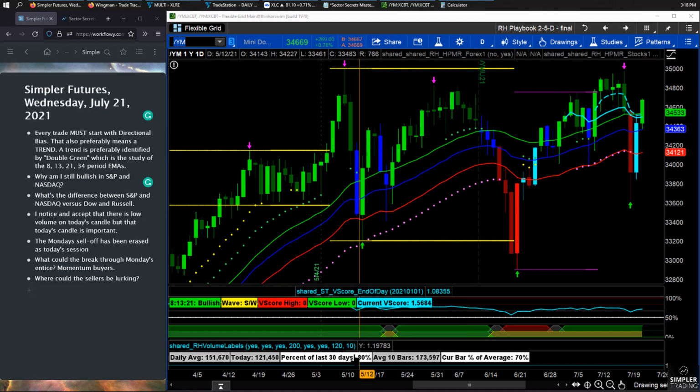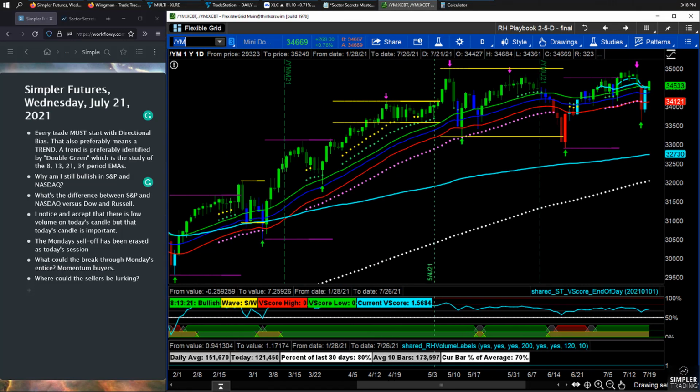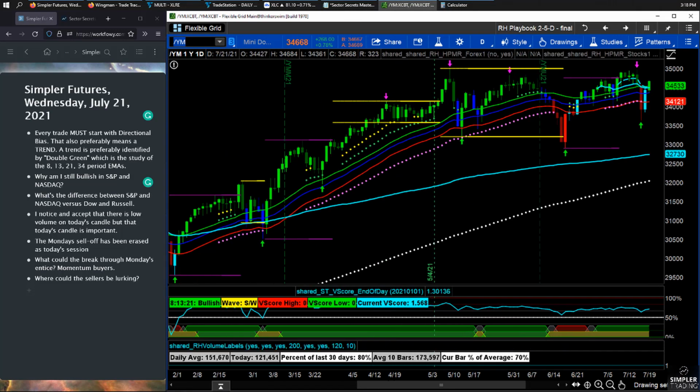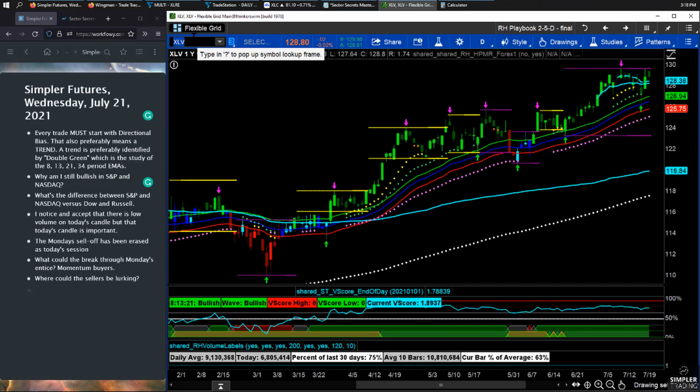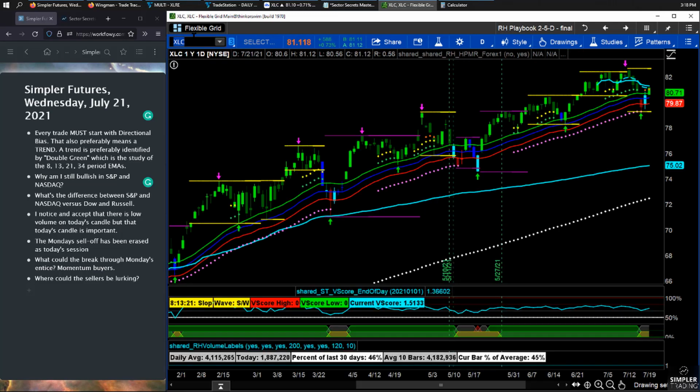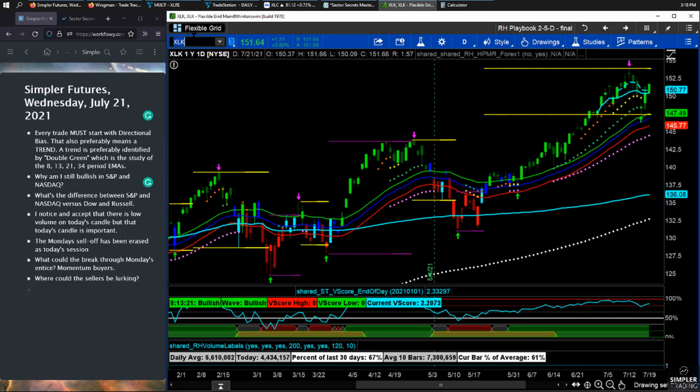Now, I'm not super thrilled about trading chop, not when I have trending indices and frankly trending sectors. I mean, let's think about the best corners of the S&P and the NASDAQ. XLV, healthcare. XLC, communications. I mean, XLK looks pretty darn good too. So there's corners of this market that are actually quite bullish.